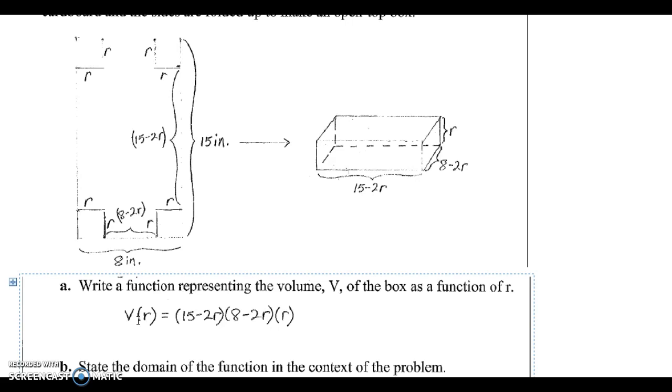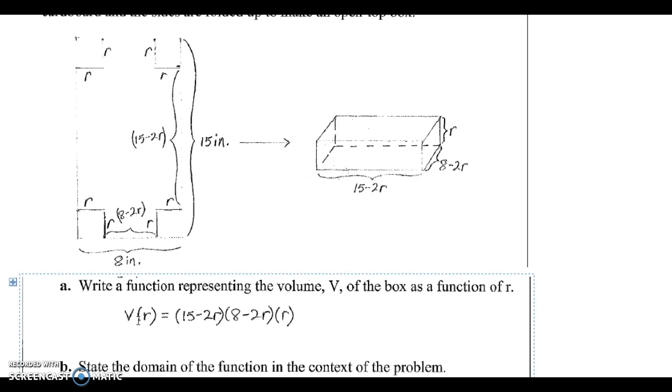So the one small value that's pretty obviously not possible is that R cannot equal 0, because if R is equal to 0, then we don't even have the height to our box. In fact, not only can R not be 0, but it can't be negative. So we know that R has to be a positive number.